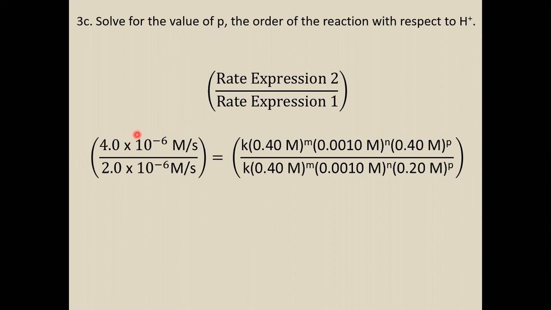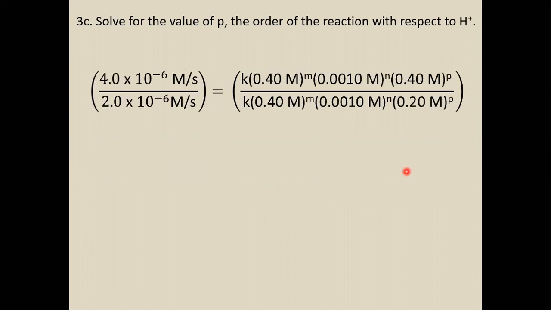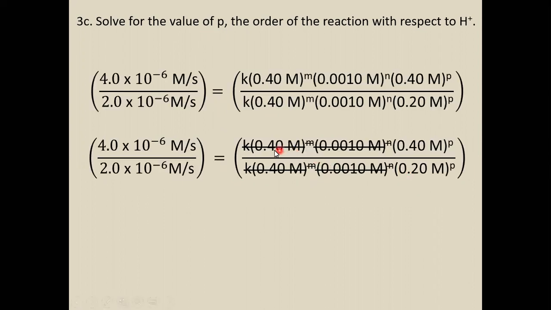This is rate 2, and these are the concentration values that correspond. This is rate 1 and the corresponding concentration values. Now I'm going to cancel everything out that's the same. You see the concentration of acetone is the same, so it cancels out. K is the same, so it cancels out.